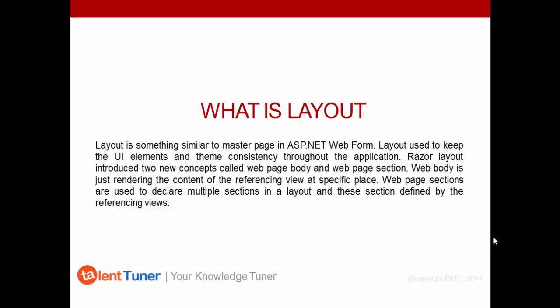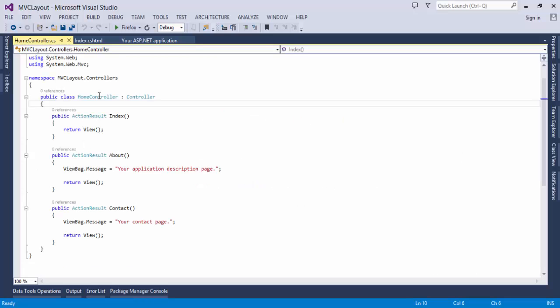Now let's take a look at how the view files that we have seen so far combine with the layout file to build a complete web page. When the home controller index is invoked, it returns the view that corresponds to the name of the action.